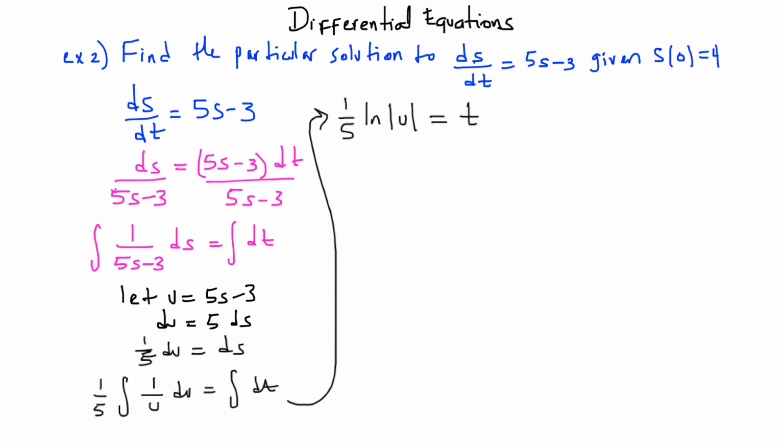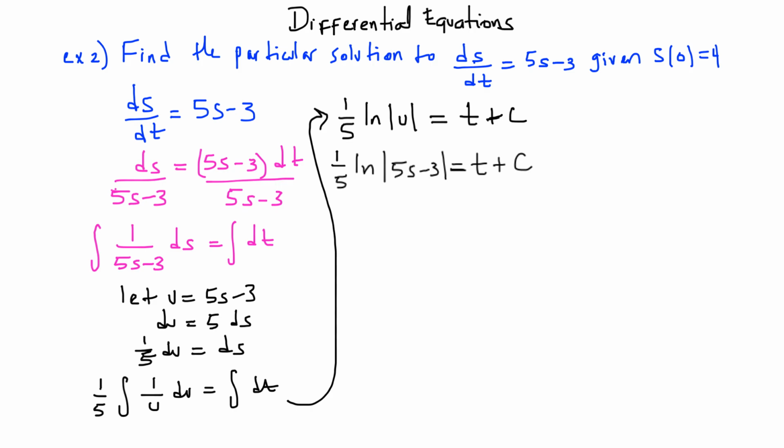Now this right-hand side also has a plus c of its own, and when I combine the plus c from the left-hand side with the plus c from the right-hand side, we just end up with 1 c value. Okay? And let me do a back substitution now. So 1/5 ln of the absolute value of u, which is 5s minus 3, is equal to t plus c. Okay?